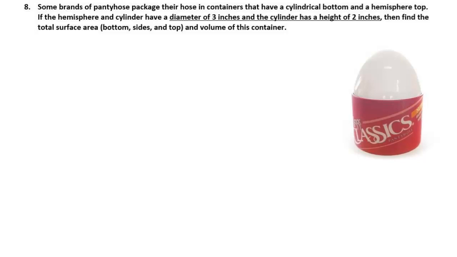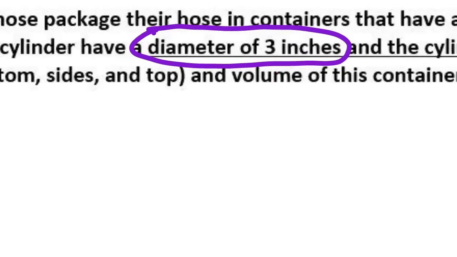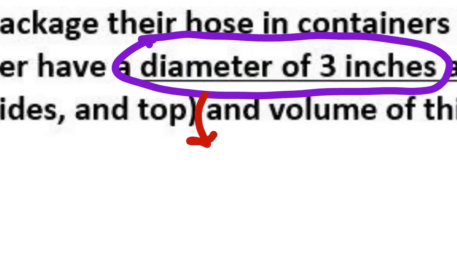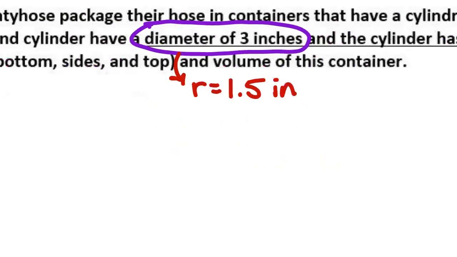All right, so we have a diameter of 3 inches. What am I going to do with that? Cut it in half. If the diameter is 3 inches, then the radius is what? 1.5 inches. So that's going to go from the center of the circle over to the edge, 1.5 inches.